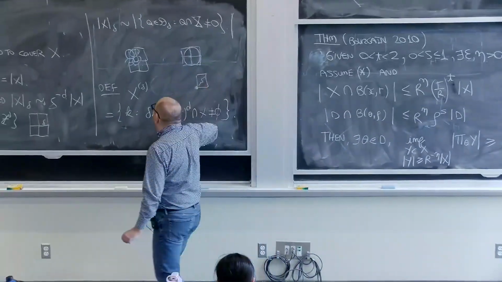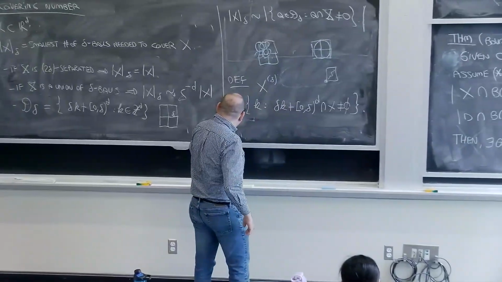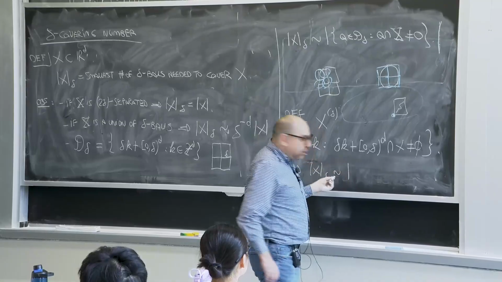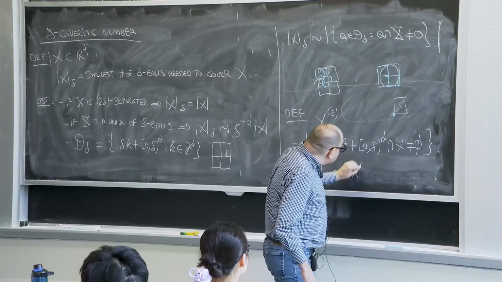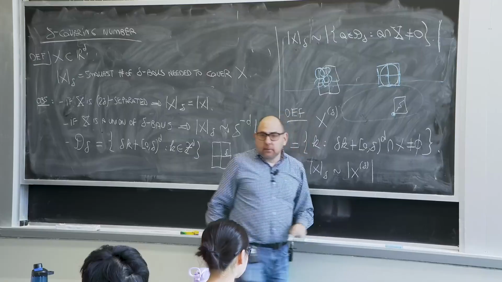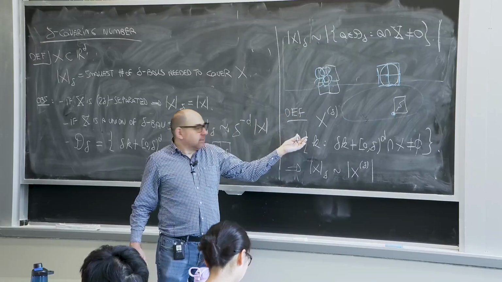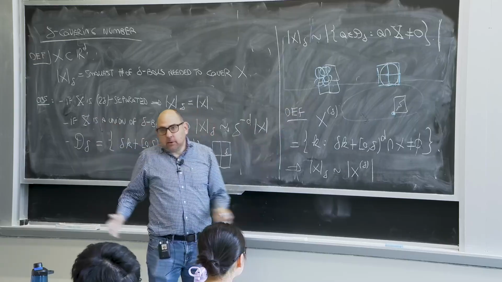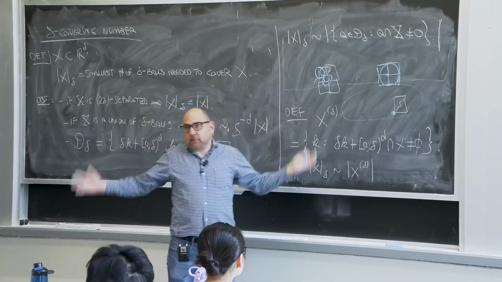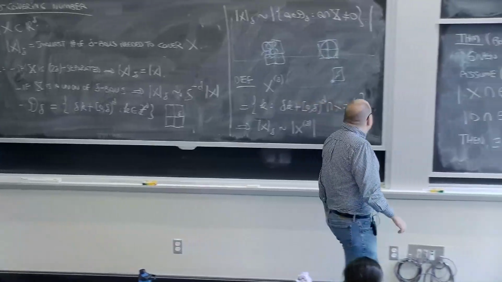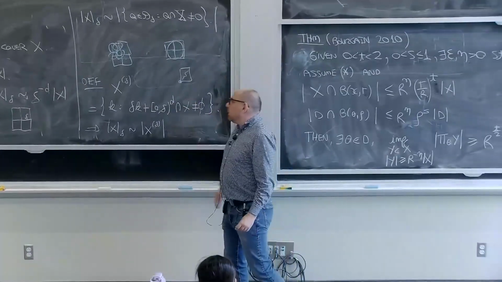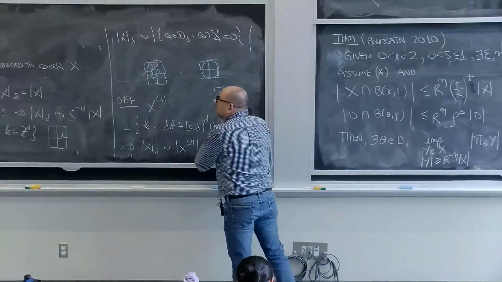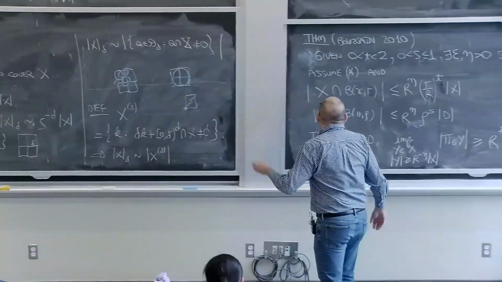OK, and then because of this, the delta covering number is roughly, up to a multiplicative constant, the same as the cardinality. This is now a finite set. And it's a finite set in a lattice. So it's not just a lattice, it's just the integer lattice, scaled down by delta. And by using this, one can extend many results that are true in Z^d to delta covering numbers.